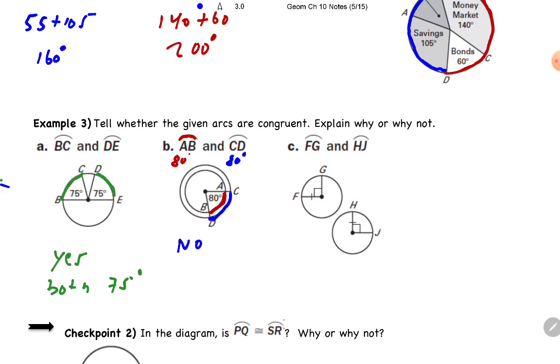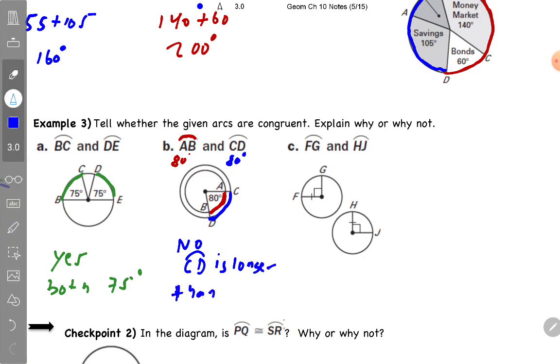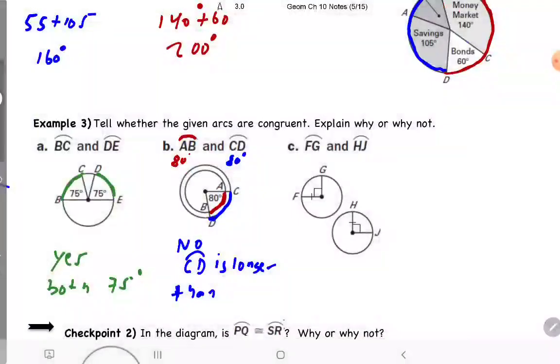The inner circle and the outer circle are two different circles. So no, arc CD is longer than arc AB. That's why vocabulary is important. To have congruent arcs, they have to have not only the same measure, but the same length as well.